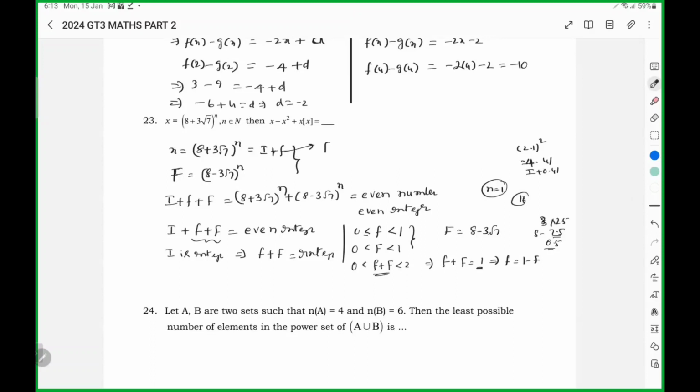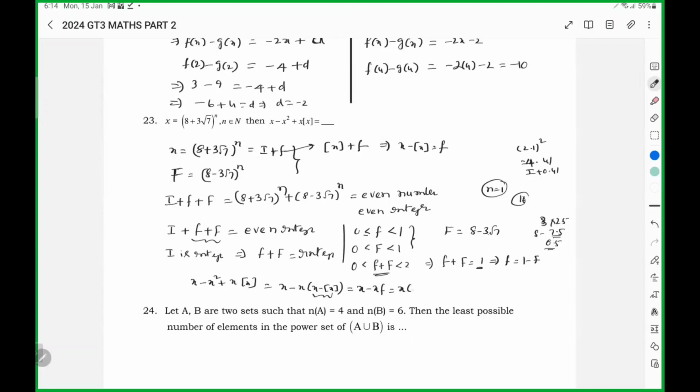Here I is nothing but the integral part of x plus f. So x minus x square plus x step of x is asking x minus integral part of x, which is nothing but x minus the integral part, that is the fractional part.